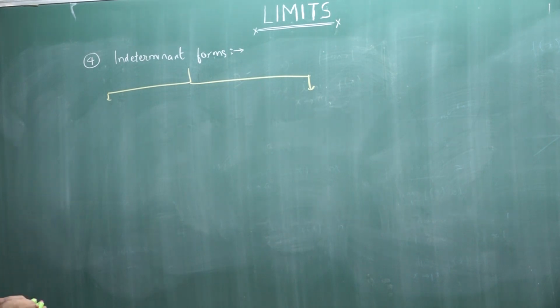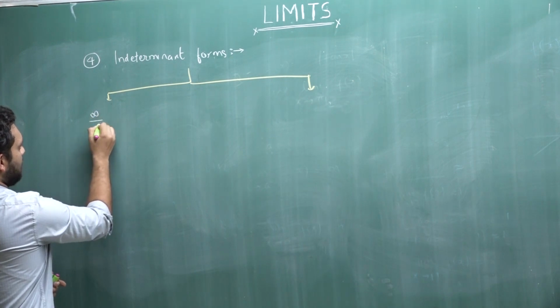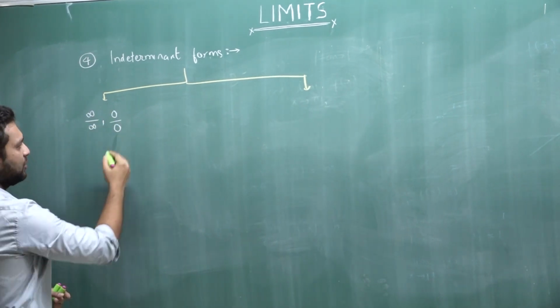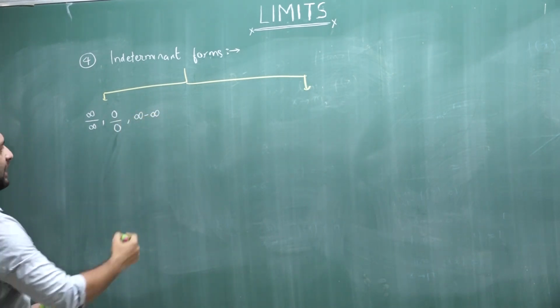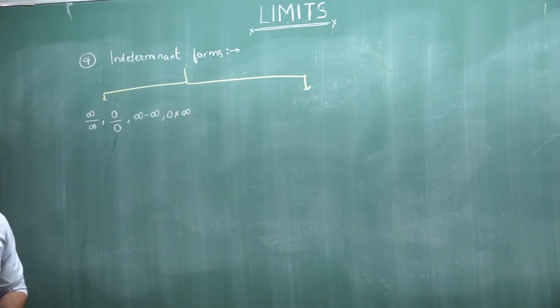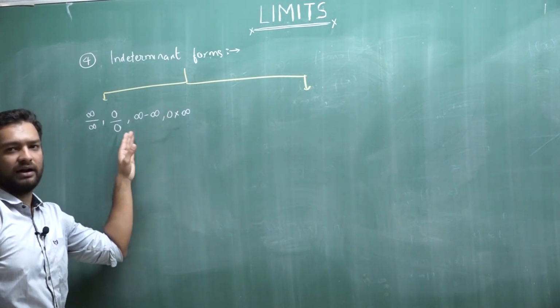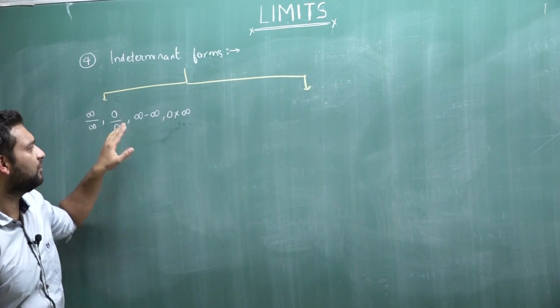The first type is infinity by infinity, 0 by 0, infinity minus infinity, and 0 into infinity. All these forms I have listed together because they all are interconvertible. We can change this form to this form, this form to this form.